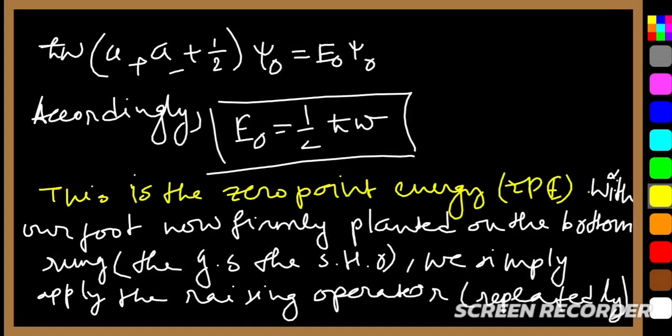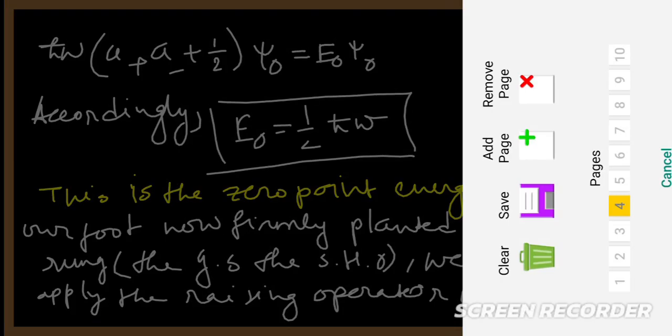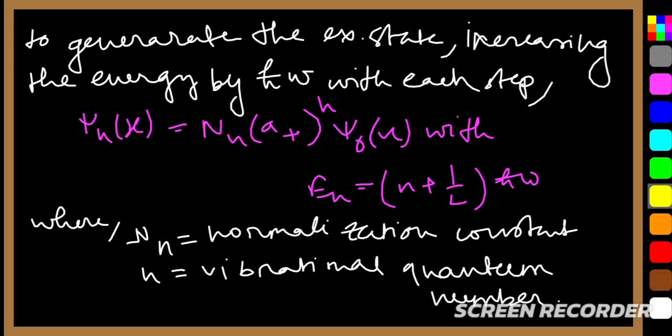With our foot now firmly planted on the bottom rung, that is the ground state of the simple harmonic oscillator, we simply apply the raising operator, that means a plus, repeatedly to generate the excited states. Ultimately we get the excited states and the energy increases by ħω with each step.